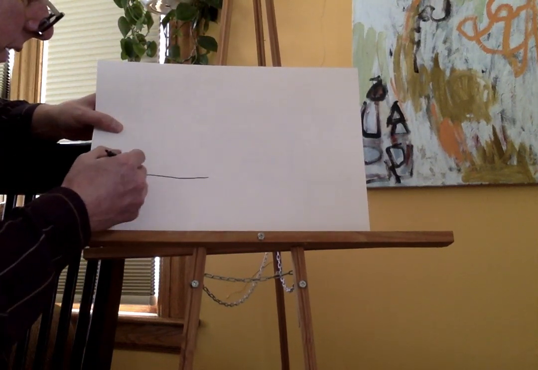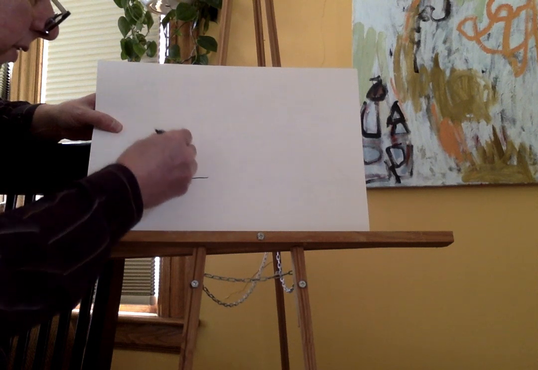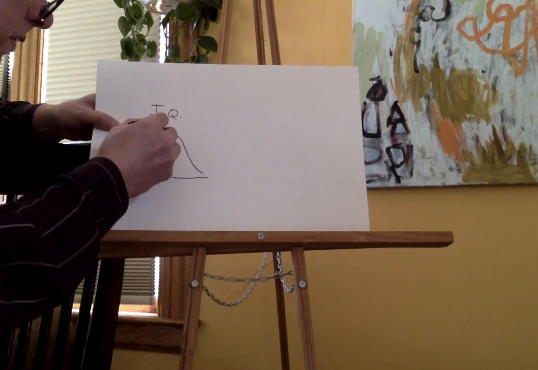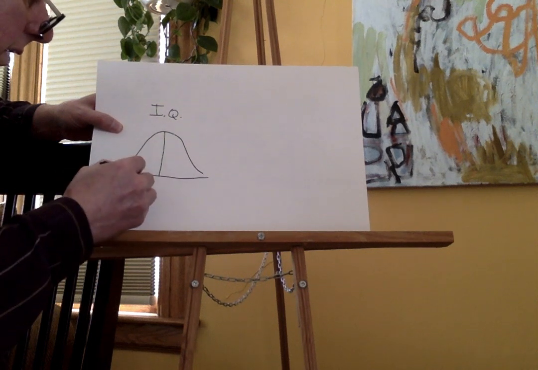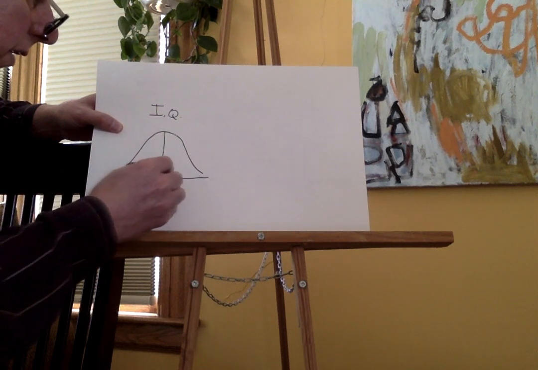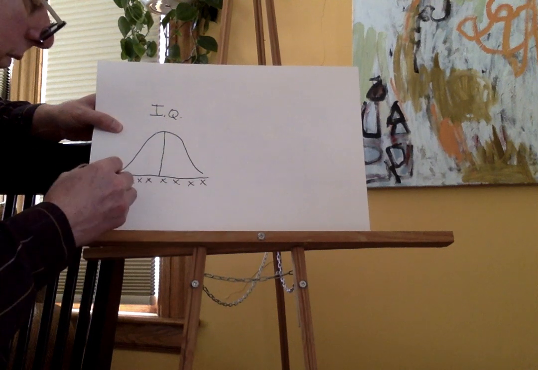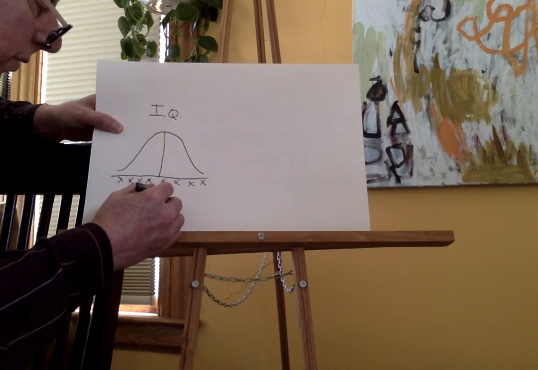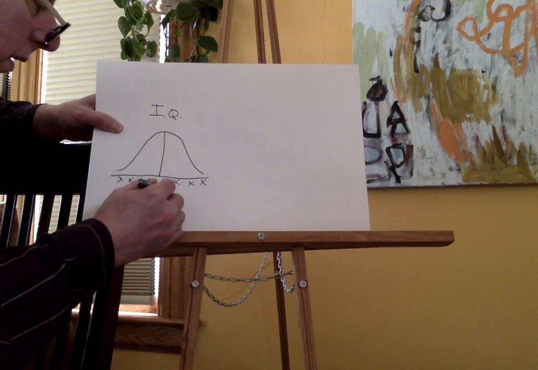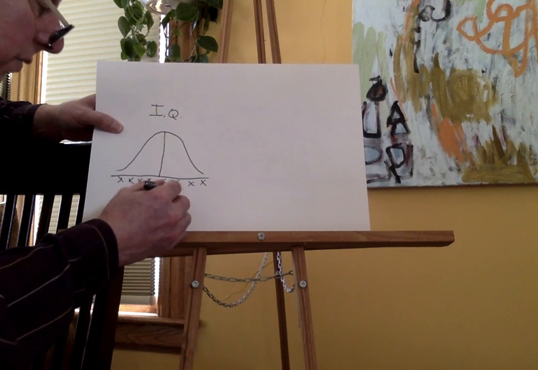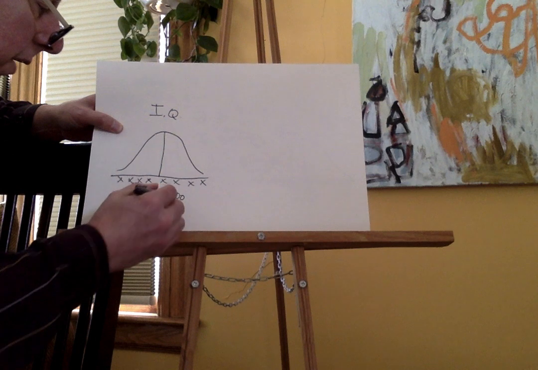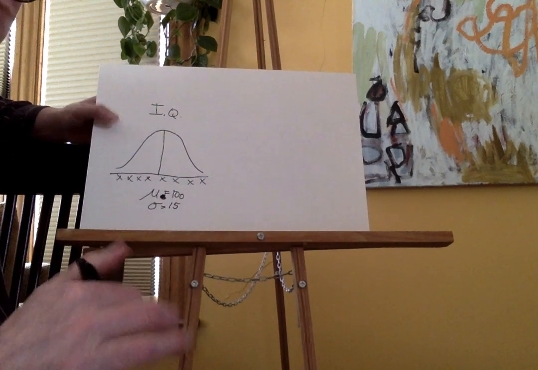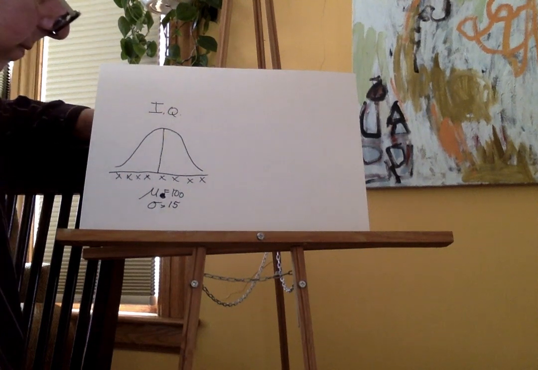We'll start with our standard IQ distribution. These are individual scores. Okay. The mean for this distribution of individual scores is 100. Okay. The standard deviation for individuals is 15. Everybody with me?